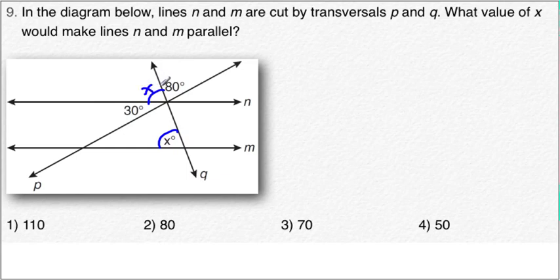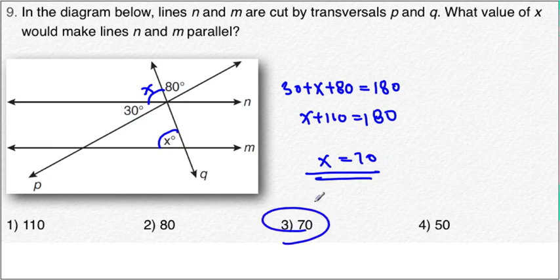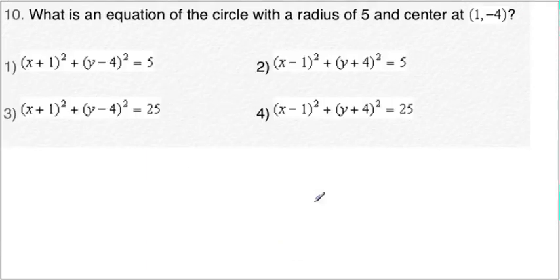Then all of a sudden, we get to write up an equation where 30 plus x plus 80, those 3 angles must add up to 180 because they all add up to a straight angle. Then here we get x plus 110 is equal to 180. Then subtracting 110, we get to realize that x must be equal to 70. So therefore, choice 3 becomes our answer.